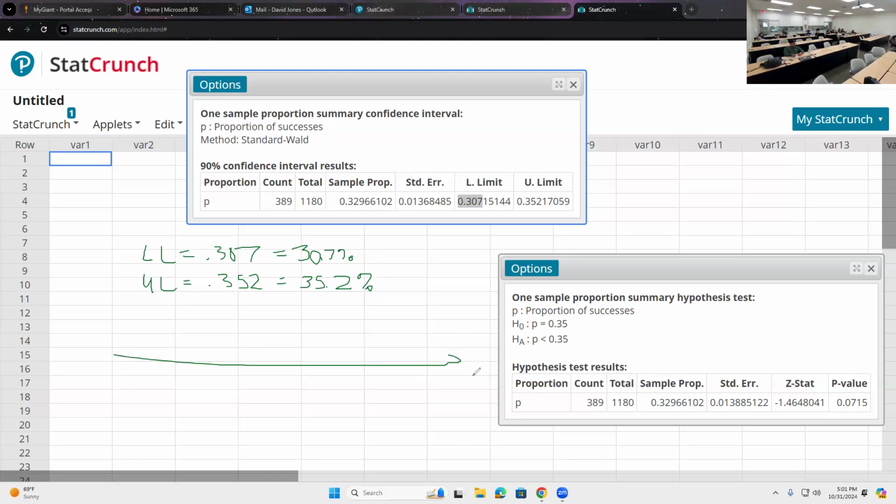Now, in that table, we've got 30.7% and 35.2%, and H naught was 40%. Our target region, our confidence interval, is right here. This is our 90% CI.